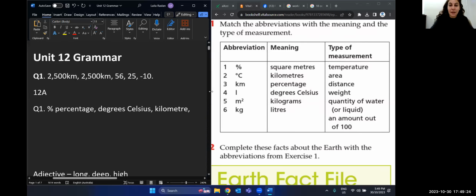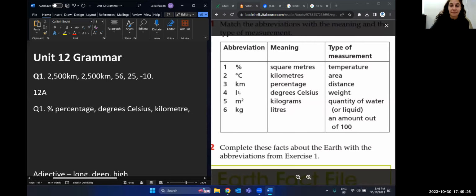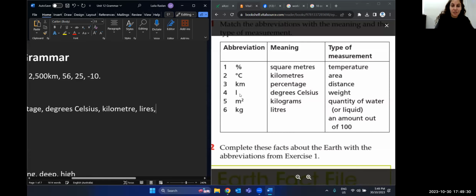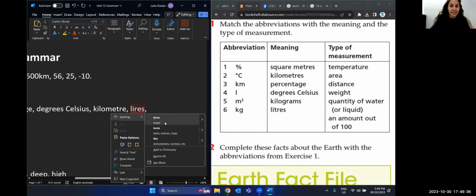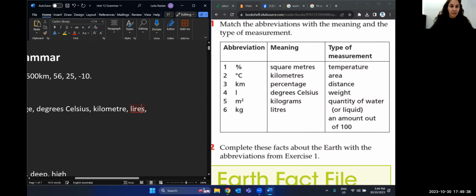Okay, and number 4, it's an L, liters. Yep, so usually when you're talking about liquid, it could be water or orange juice. Maybe you bought 2 liters of orange juice. It's how much liquid there is: water, orange juice, milk, anything that's liquid.